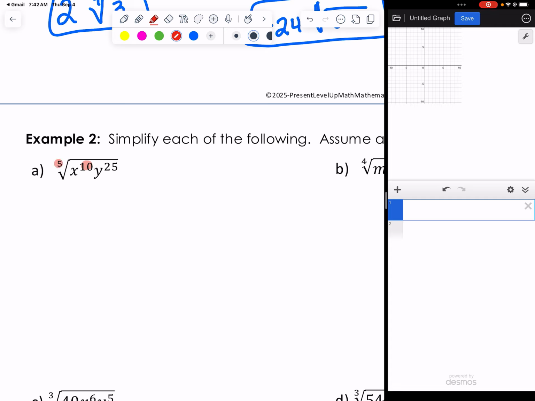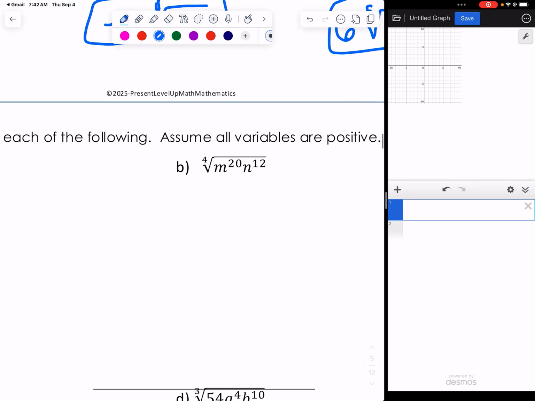So in other words, if the exponent will divide evenly by the index, then you have a perfect fifth root. So 10 divided by 5 would give me x squared. And then on the y, 25 divided by 5 would give me y to the 5. So we had a perfect fifth root.